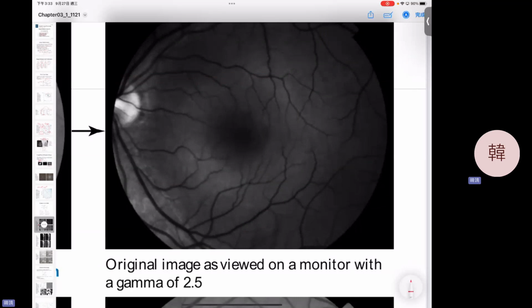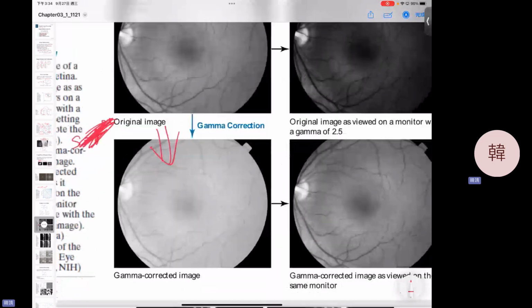So when your image is put on the monitor, the result will be like this one due to the device, and its real effect is a gamma of 2.5. So you look at the monitor and see this result. The original input, after display on your monitor, unfortunately becomes very dark. So how do we handle it? You have to use software to correct the image you look at, so you can apply some gamma correction there, as we just mentioned.